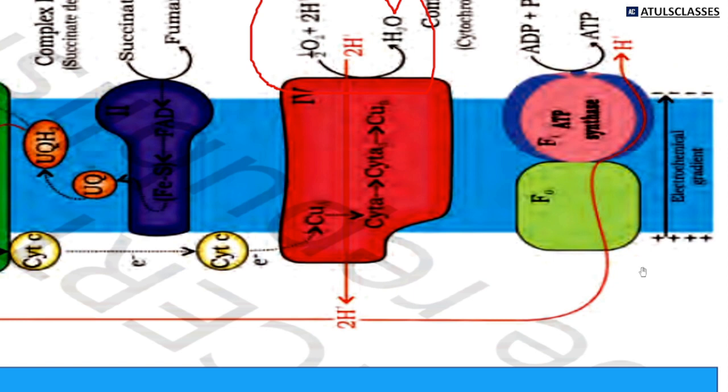And oxidative phosphorylation will take place. In photosynthesis we learned photophosphorylation, but here there is oxidation, and that's why it is oxidative phosphorylation.